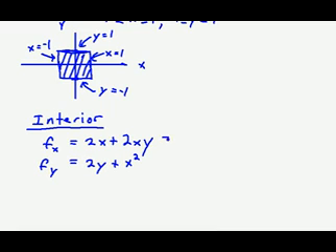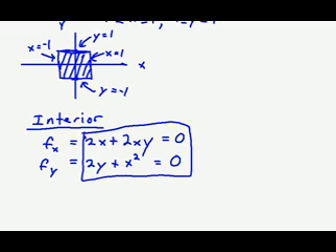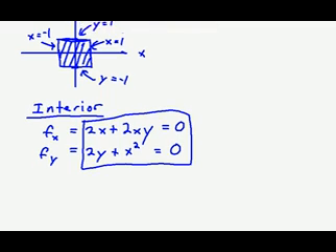And then the idea is to set the partials equal to 0 and solve this system of equations to find your interior critical point or points. I think it's just going to be one point in this case. We're going to get a couple answers, but only one point inside the region D.